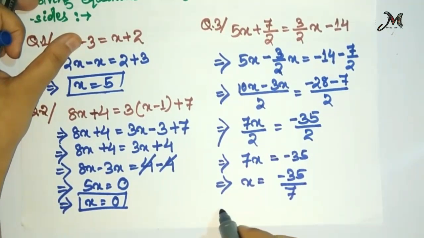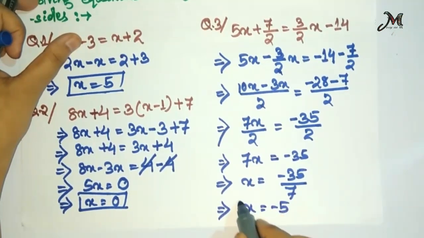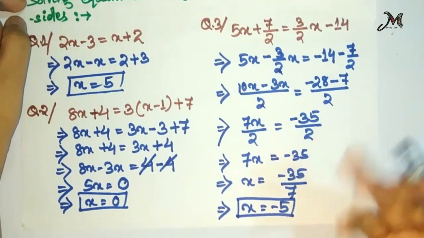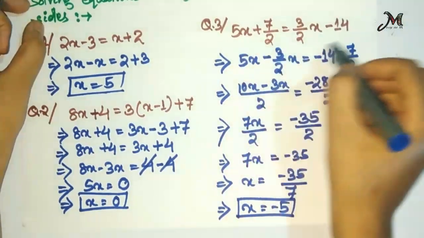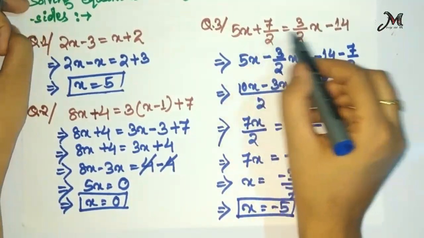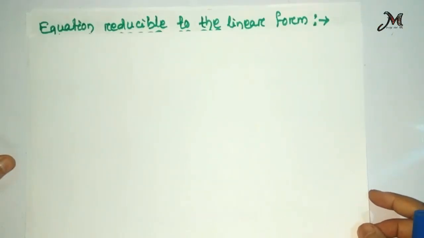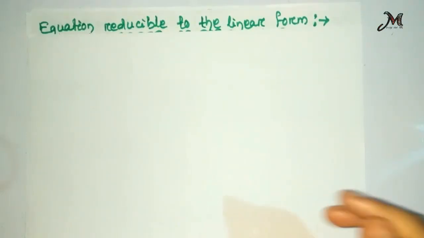That can be simplified and we will get x is equal to minus 5. So x is equal to minus 5 is the final answer of this equation, which has variables on both the sides. Clear?